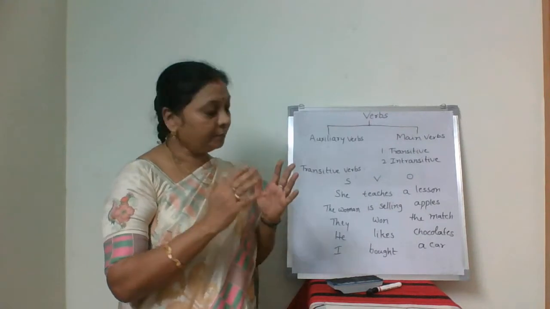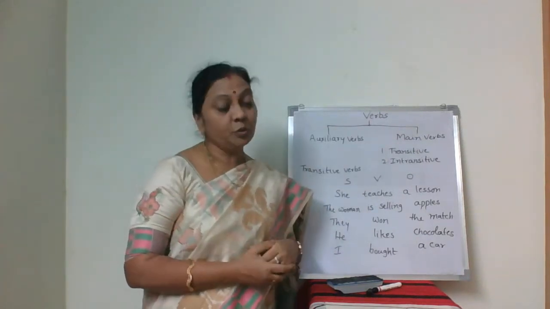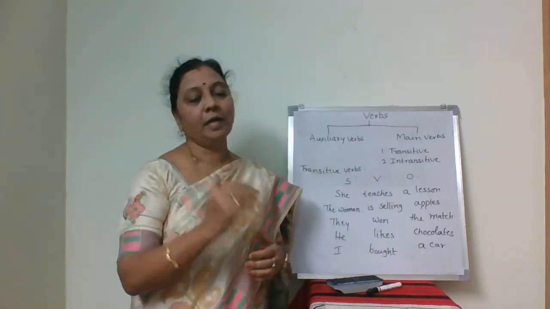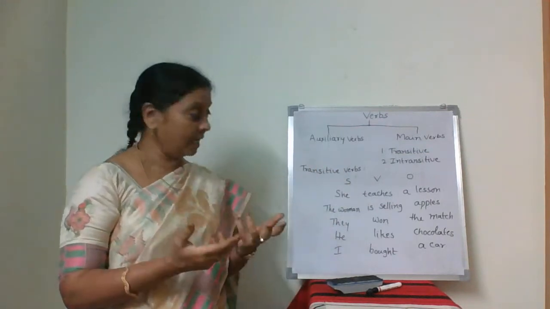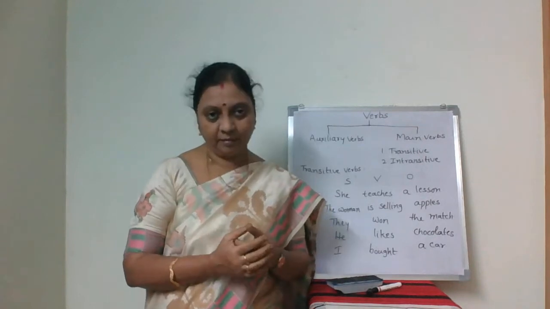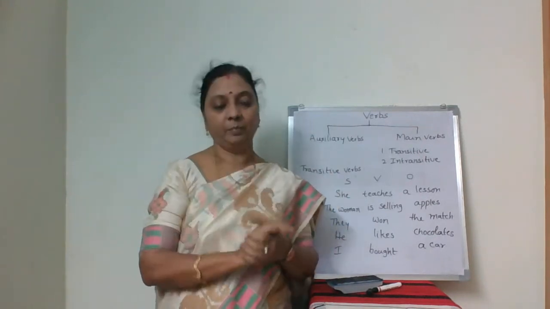In main verbs, under this category, there are two types of verbs: transitive verbs and intransitive verbs. What do you mean by transit? Then you can easily understand what the transitive verbs are.